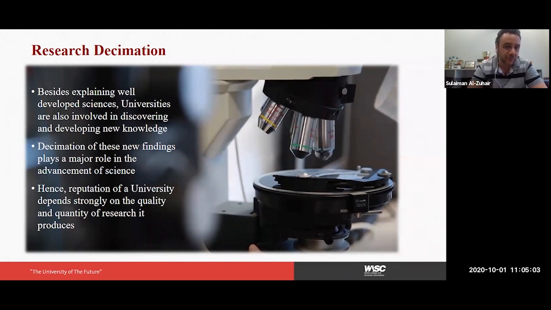Besides that, dissemination of these new findings plays a major role in the advancement of science. So for those reasons, reputations of universities rely strongly on the reputation of the faculty members, which is based on their research productivity. How much new knowledge have they developed?